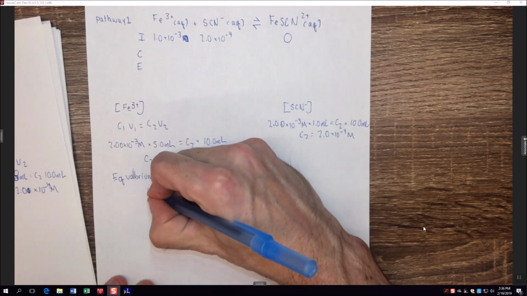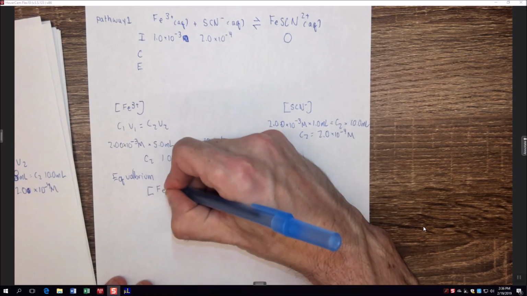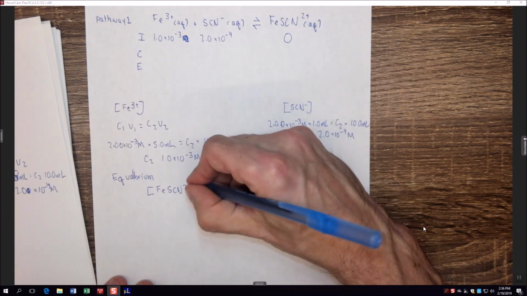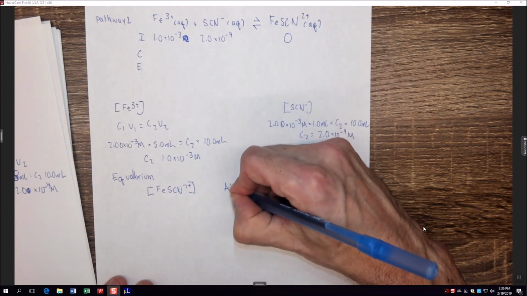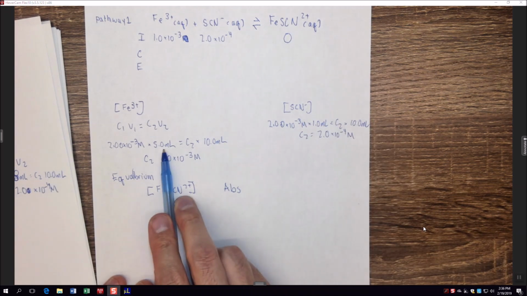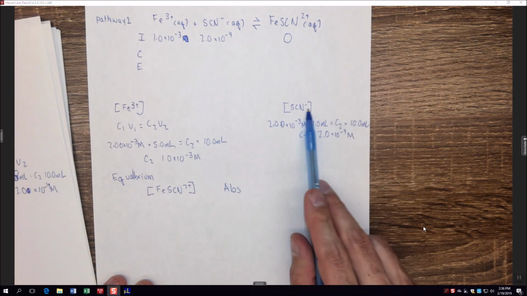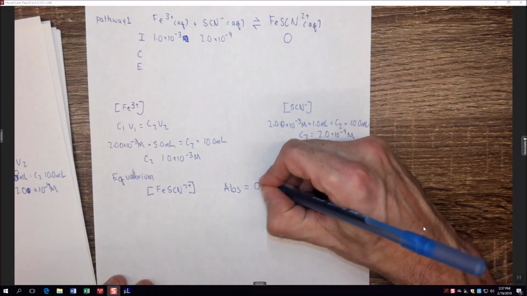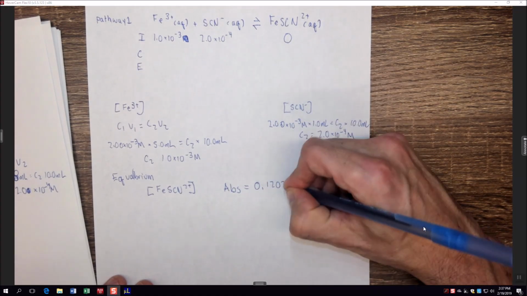We are going to use the calibration curve again. And the absorbance of this solution with 5 milliliters of Fe3+ and 1 milliliter of SCN- and 4 milliliters of water, when we measured the absorbance, it was 0.1202.